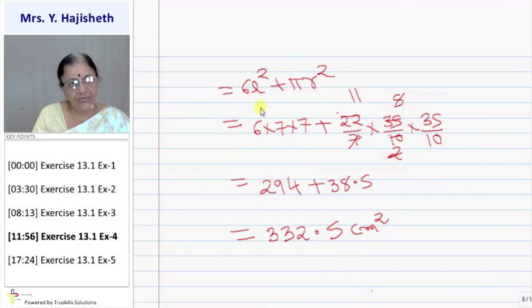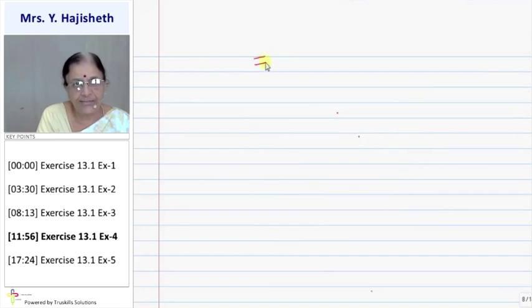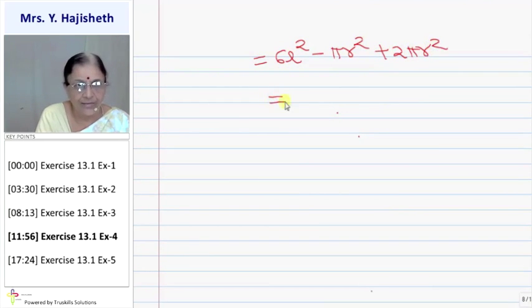And what is the curved surface area of the hemisphere? That is 2 pi r square, okay? So now if I put the formula, it is 6L square minus pi r square plus 2 pi r square. So the final formula is 6L square plus pi r square.